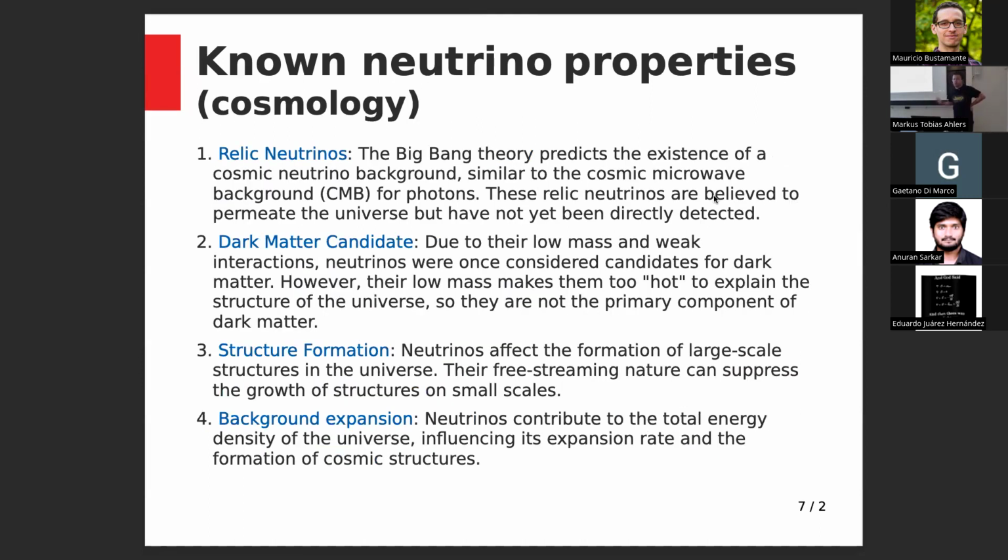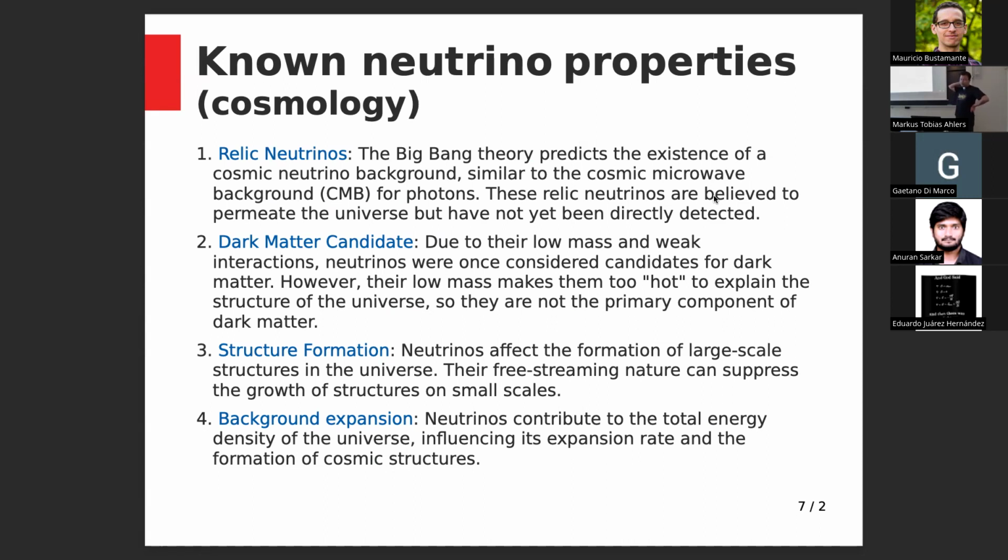What do we know about massive neutrinos on cosmic scales? The Big Bang theory predicts that relic neutrinos permeate the universe. These relic neutrinos have not been directly detected, but we have many indirect pieces of evidence.